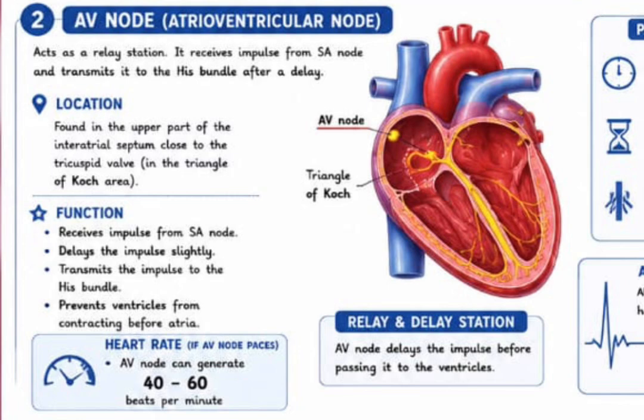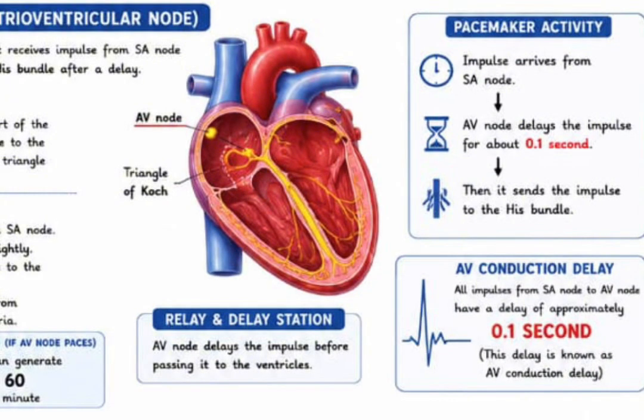And I tell you that when impulses arrive from the SA node, they are delayed for about 0.1 seconds. So I call it the AV nodal delay. That 0.1 seconds gives time for the atrium to contract before the ventricle.